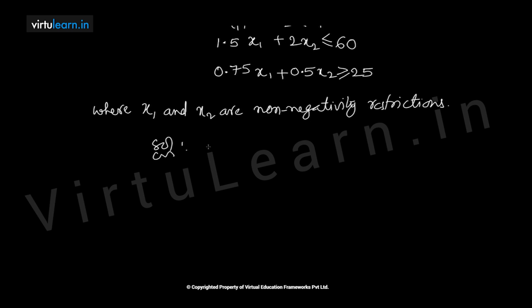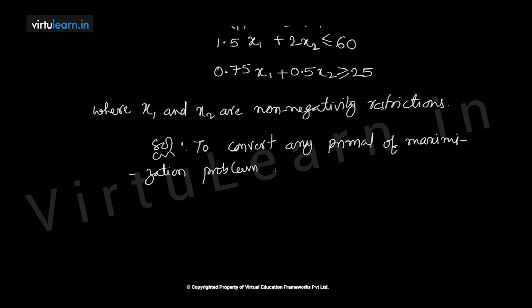So here we will write: to convert any primal maximization problem, we should have all the constraints in less than or equal to form.